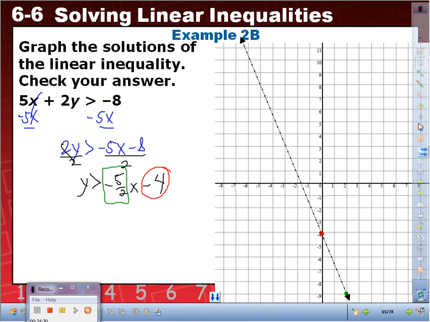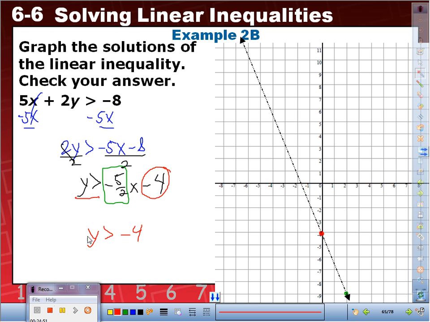All right. So now, we want to find out which direction we're going to shade. What do I need? If we look up, I need this part, y greater than, and what else do I need? The negative 4. Okay, let's graph this. Y is greater than negative 4. Here's negative 4. What numbers are greater than negative 4? Yeah, what does it say?